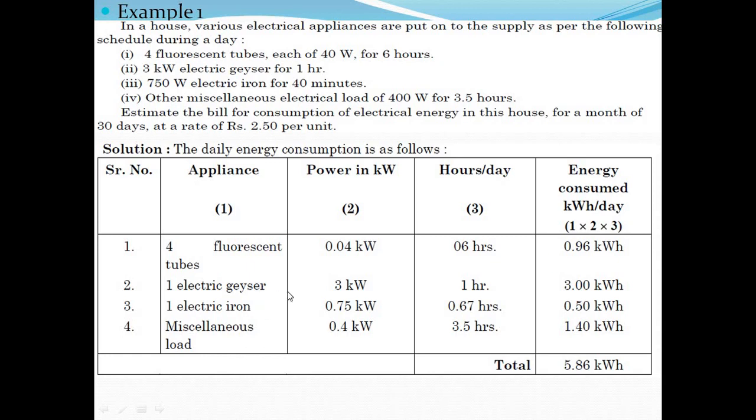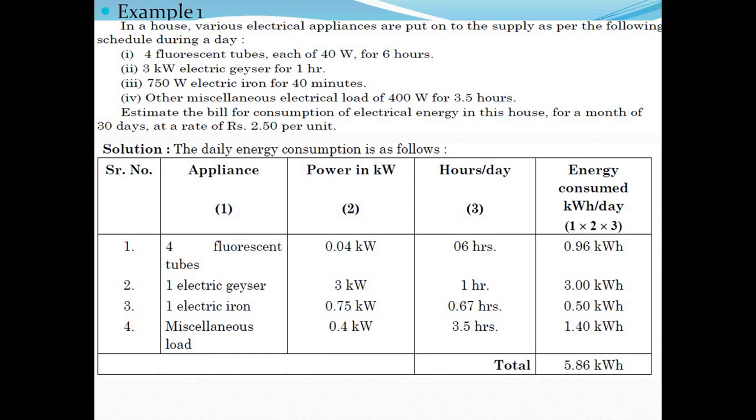Then one electric geyser whose rating is given in kilowatt only, 3 kilowatt, for hours. Iron 750 watt converted into kilowatt. Again the time is given in minutes, so convert into hours. So this is the answer. And then other miscellaneous electrical load of 400 watt for 3.5 hours. So adding all these kilowatt hours, 5.86 kilowatt hour is the energy consumption for 1 day for this house.